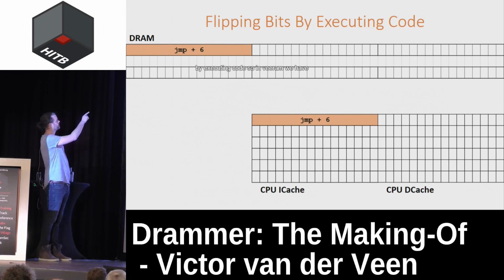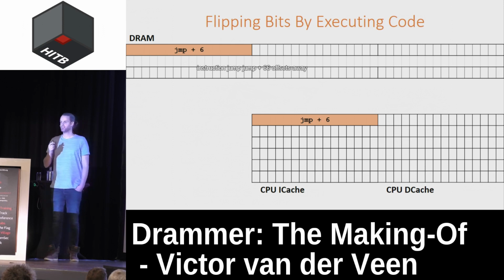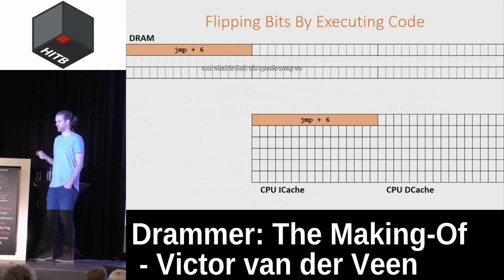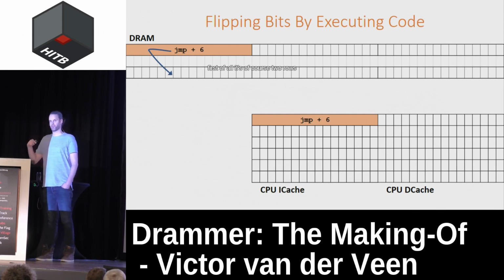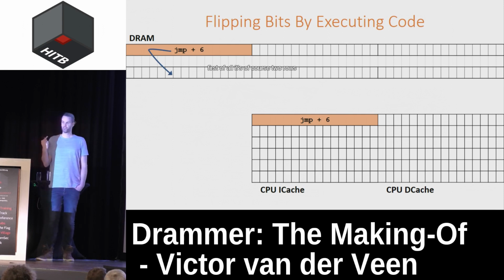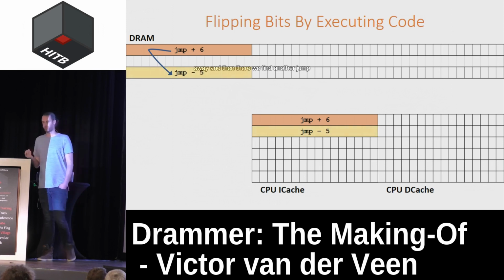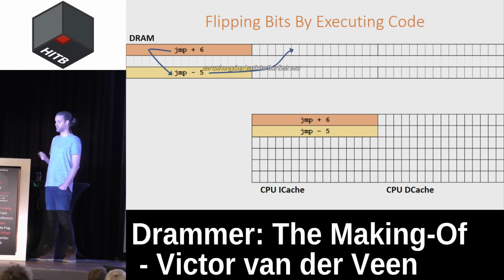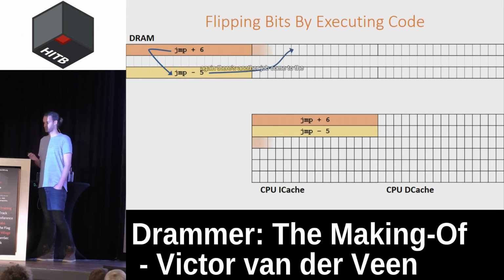In DRAM, we have a region that's executable, and in the first cache line of the DRAM, we have a jump instruction, jump plus 6, so 6 offsets away. And what is there 6 offsets away? First of all, it's of course 2 rows away, and there we find another jump instruction that says go back 5 offsets, so we're going back to the first row again.